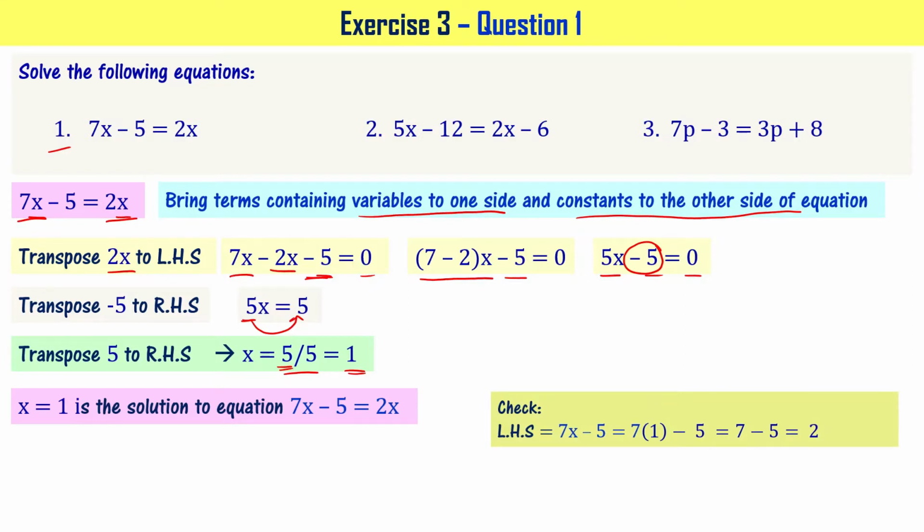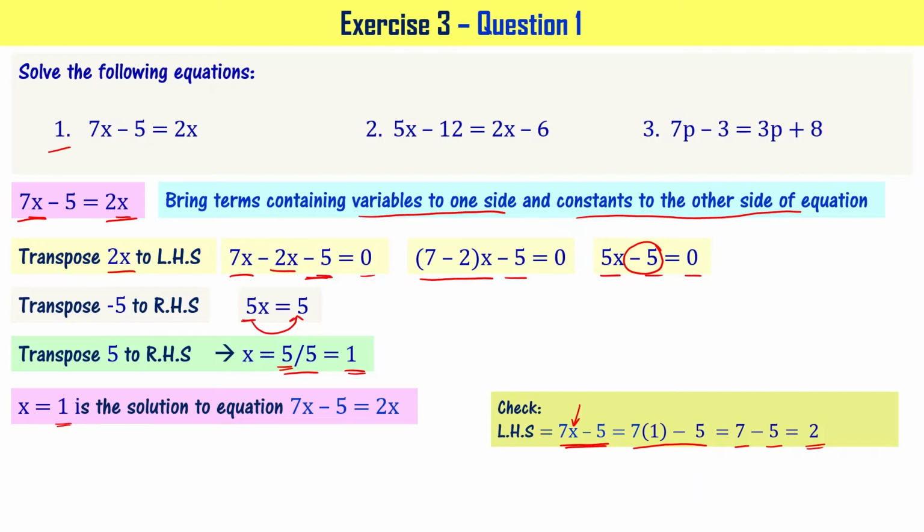Let us check the correctness of the solution. To verify the correctness of the solution, we substitute x equal to 1 into LHS. LHS is 7x minus 5, right? So let's substitute x equal to 1 so that it can be written as 7 times 1 minus 5, that is 7 minus 5, that is equal to 2.